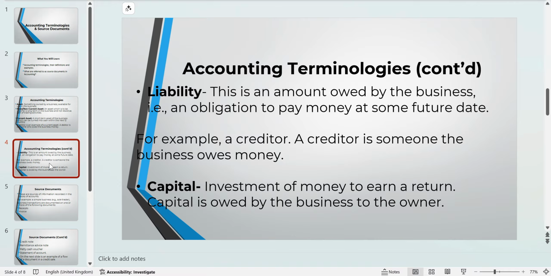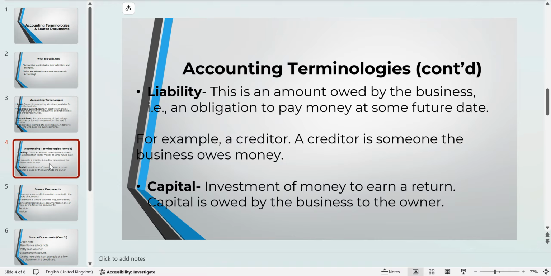Non-current means long-term. Those are loans you can repay over 12 months, like mortgages, debentures, long-term loans, so long as it's over 12 months.